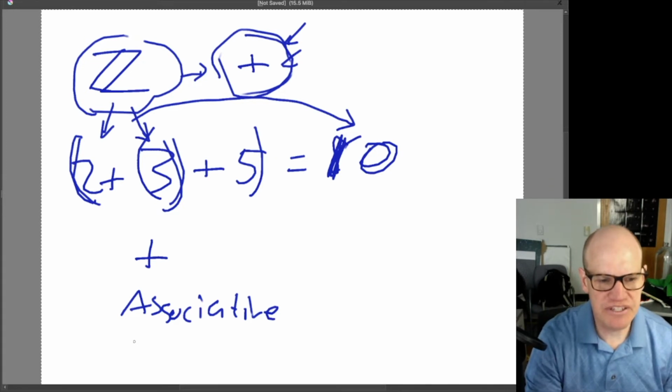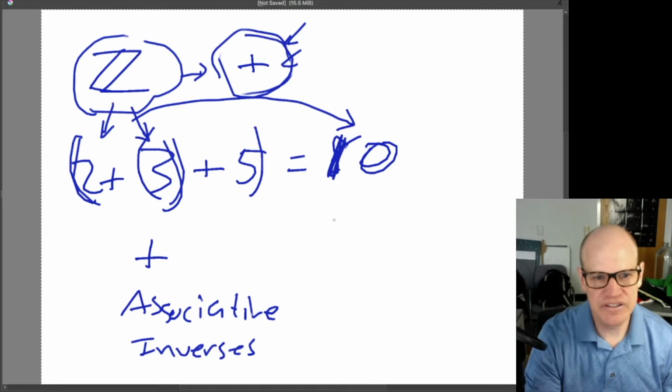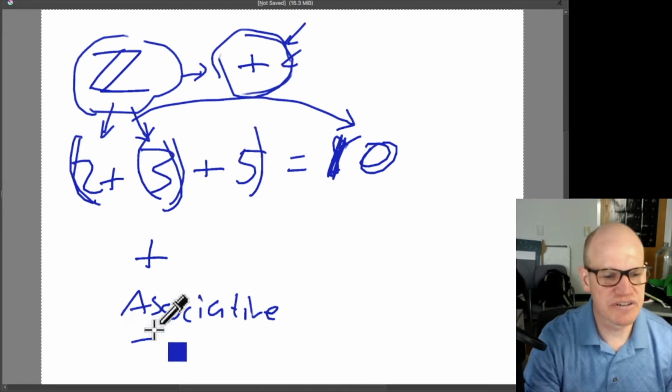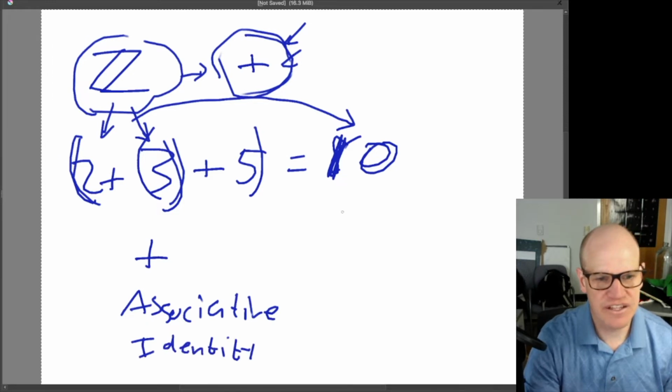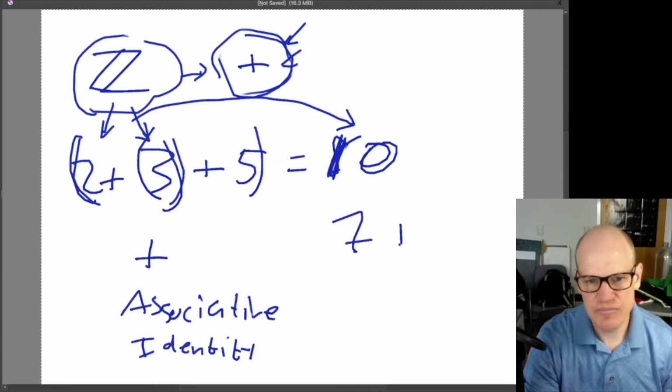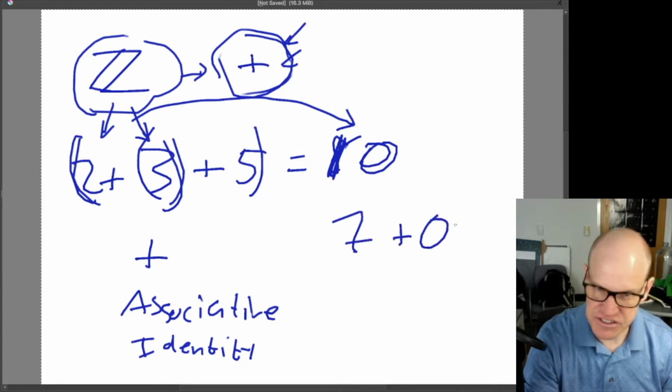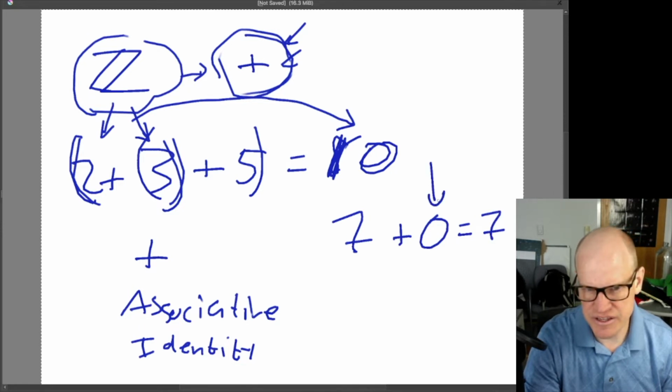You also have inverses, meaning that, actually before I do inverses, I should say that you have an identity. That's one where you take any element out of here, like 7, plus the identity, which is 0 in this case, gives you 7 back. So the identity element is the element that when you do this operation on it returns what you started with.